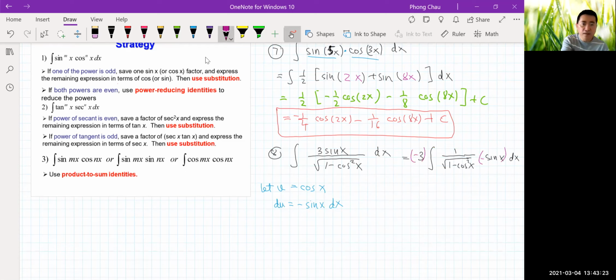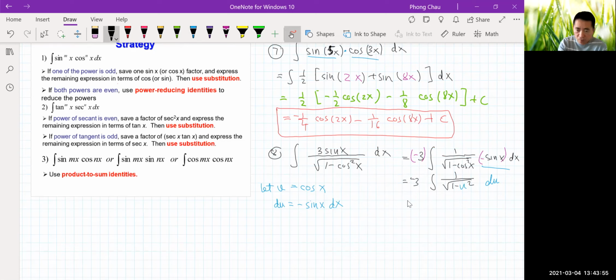Okay, that would allow us to change that to du, and that becomes a u. So our integral now is 3 times the integral of 1 over root of 1 minus u squared. Forget the negative sign here. So now you have this integral.